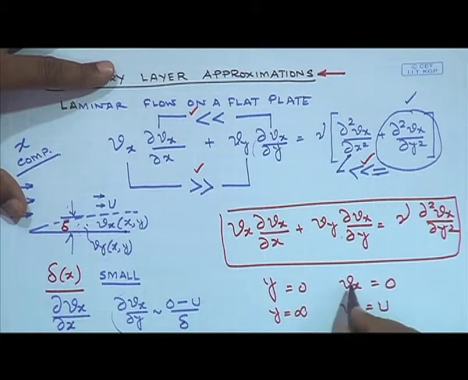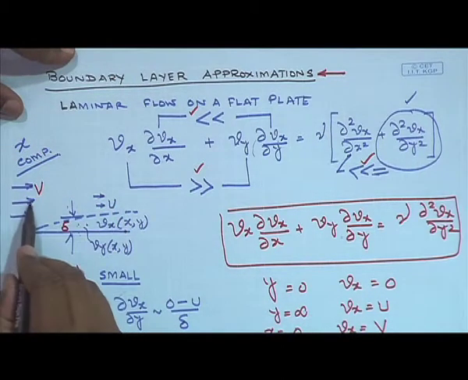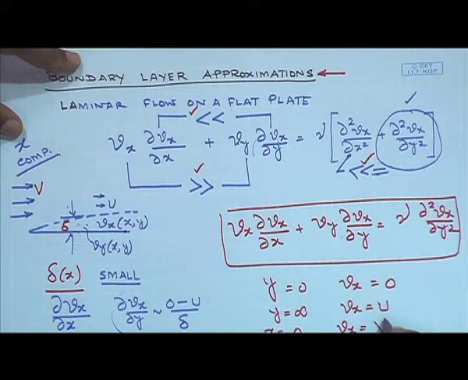Okay. So, these are the two conditions, and the other condition, the initial condition, is at x equals 0, Vx would simply be equal to capital V, where capital V is the approach velocity, and we understand for the special case of flow over a flat plate, this V would simply be equal to u.